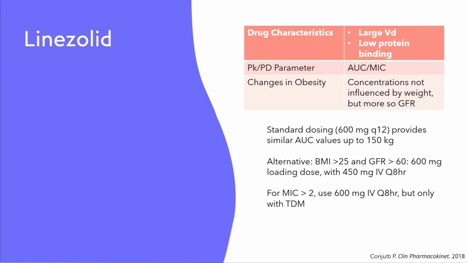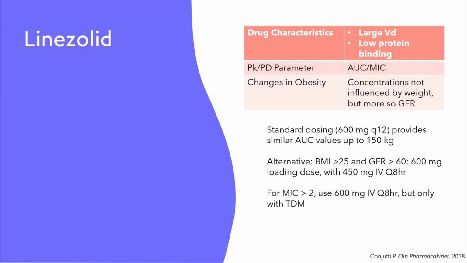So I wanted to give an example of linezolid because this is certainly an agent that is one of those fixed dosed choices. So perhaps compared to vanco and compared to dapto, it does have a much larger volume of distribution and has lower protein binding.